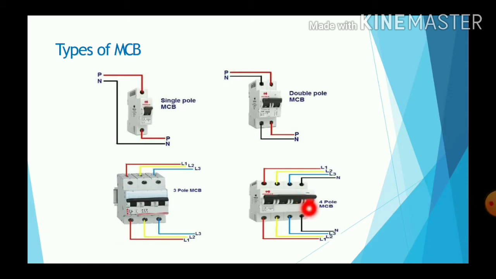It provides protection in all the three phases and additionally it has a protective release for the neutral pole. This MCB should be used where there is a possibility of high neutral current flow through the circuit, as in the case of an unbalanced circuit. It is also used in three-phase circuits with neutral.